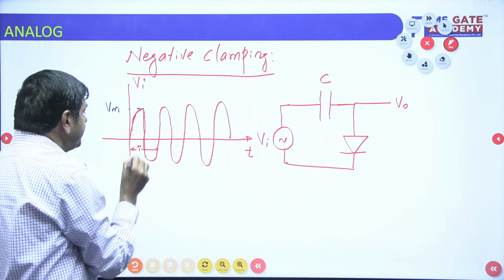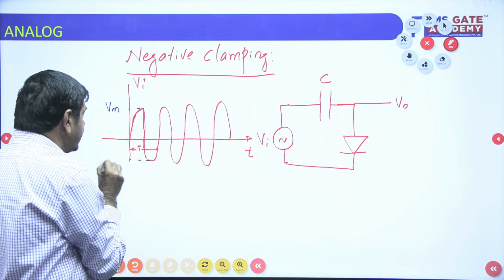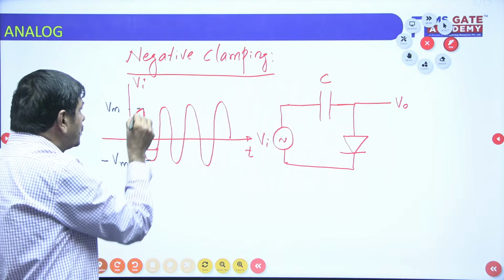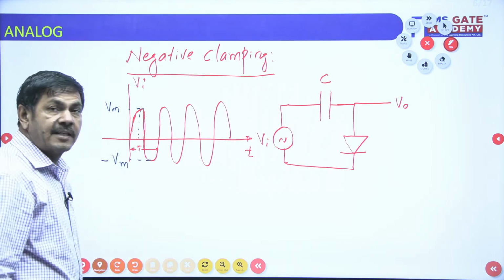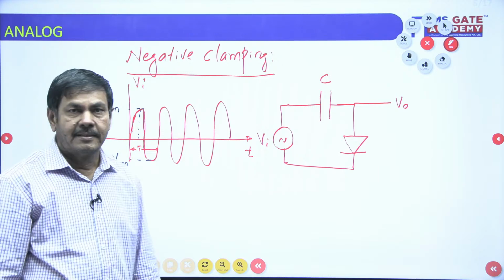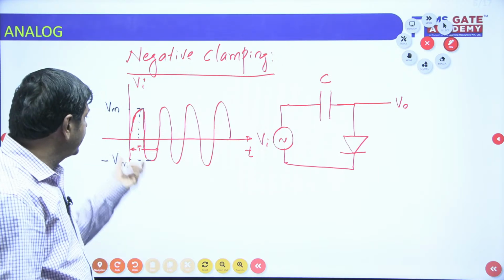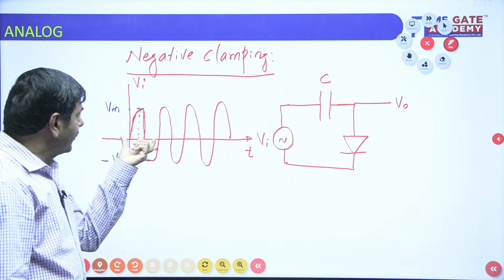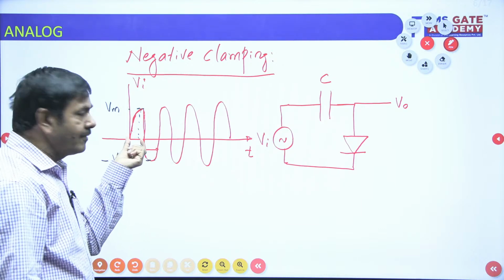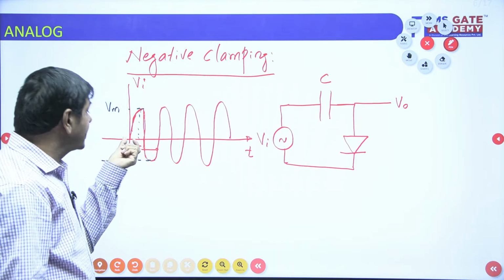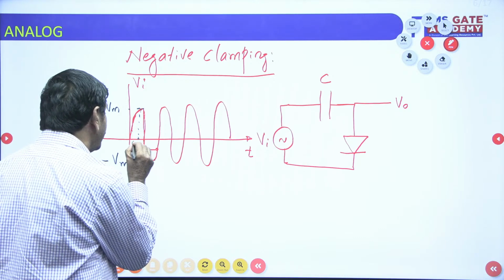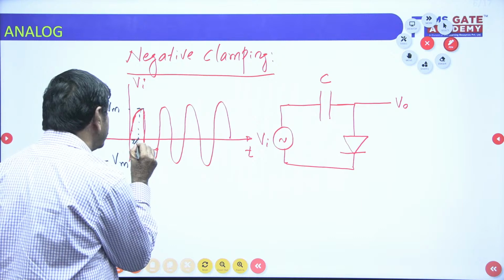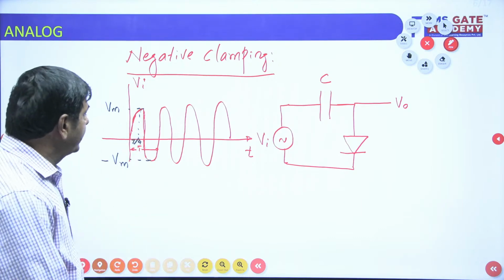This I want to take as minus Vm. To reach the peak voltage, what time period is required? The time required here is T by 4. For one cycle, T. For half cycle, T by 2. Quarter cycle means T by 4. This is T by 4.